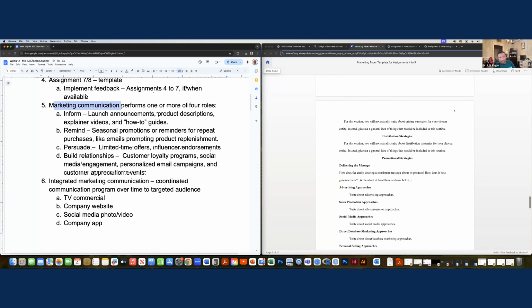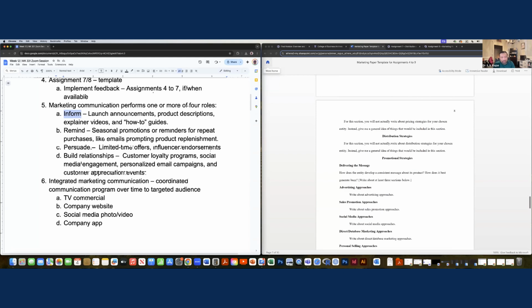And then the textbook in chapter 13 talks about the 4 roles that communication would play under promotional strategies. So I listed them here with examples. So first one is about informing. So this is especially the case if you've launched a new product, for example.